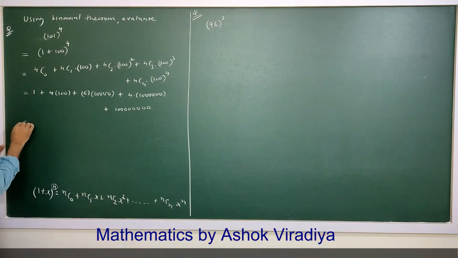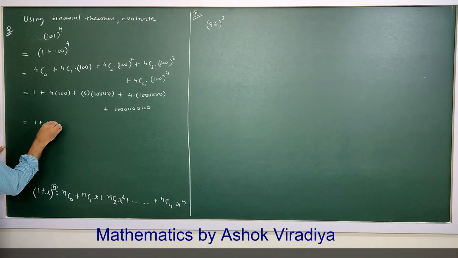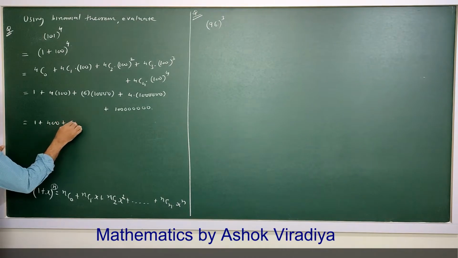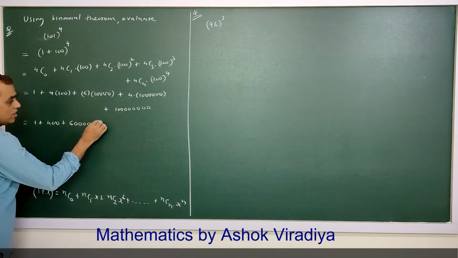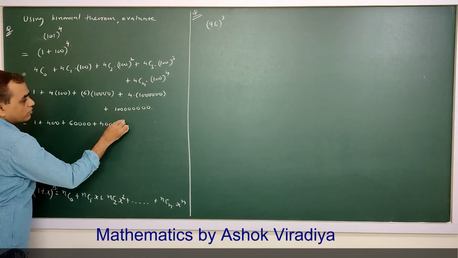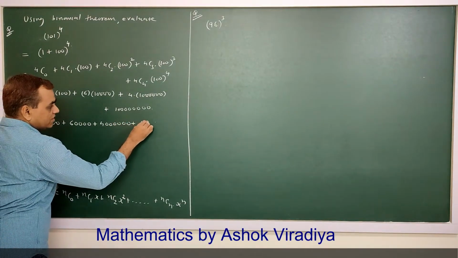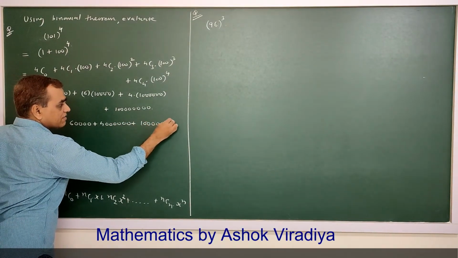So this is equal to 1 plus 400 plus 6 with 4 zeros, plus 4 with 6 zeros, plus 1 with 8 zeros.